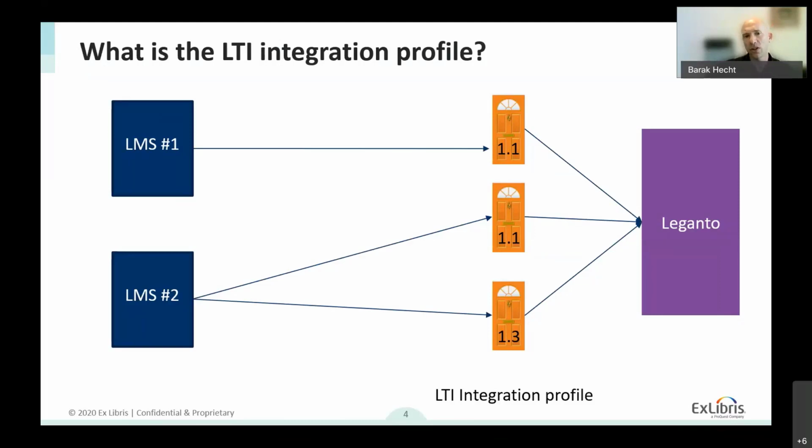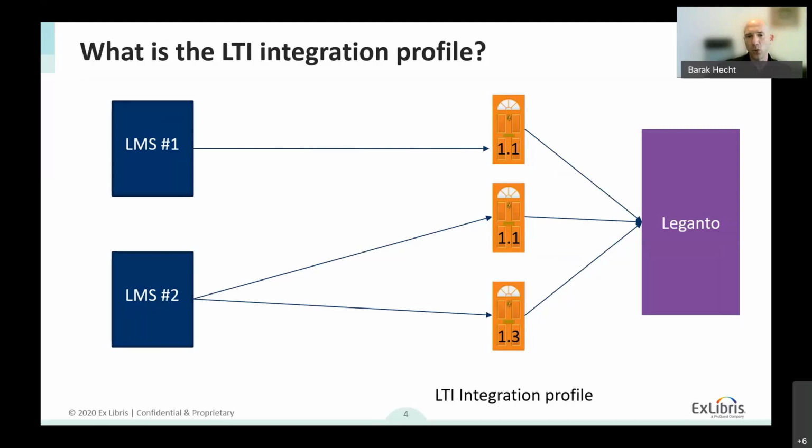It opens the door and the user arrives into Leganto through this door. Up till now, the doors that we created were with version 1.1. And now, from the June release, we are going to support version 1.3, which is LTI 1.3.